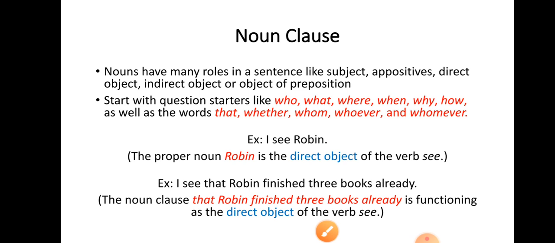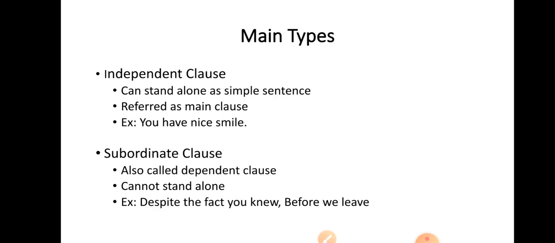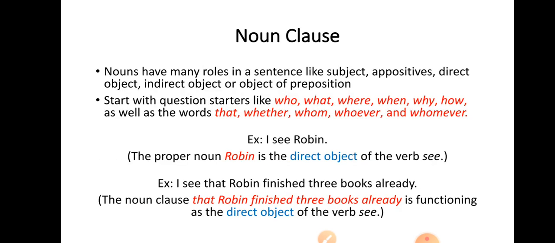Now let us see the different types of clauses. Again in detail. First we saw main types. These are all. Again a few more types according to the role of the clause. Okay, according to the function of the clause. Noun clause we will see. Actually nouns, you know the meaning of noun, definition of noun.